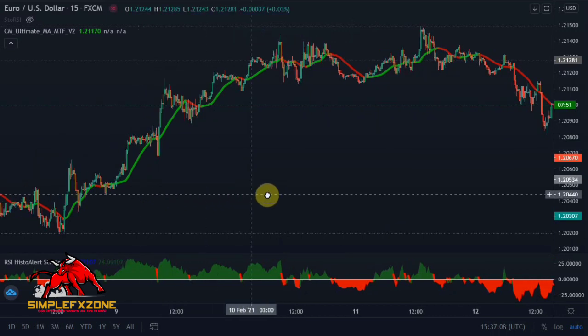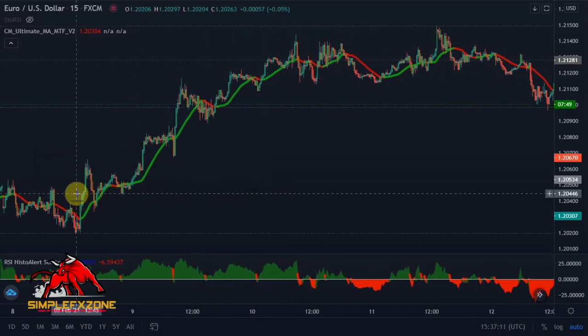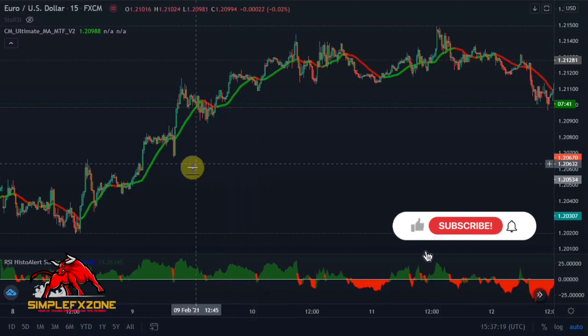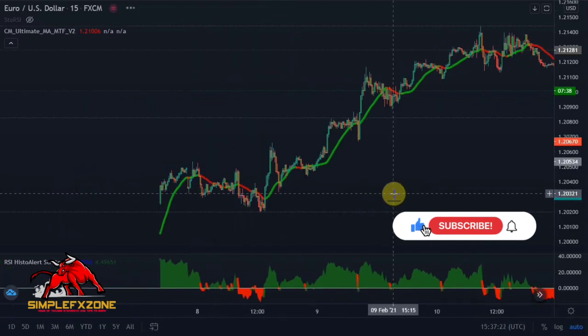And then here, as you can see, this is another buy trade. This is in the 15 minutes. This is another buy trade. As you can see, you'll be riding with the trend. At least with this strategy, you will not trade against the trend.